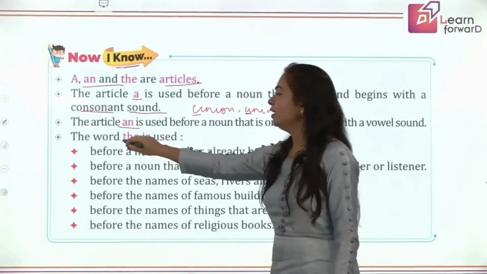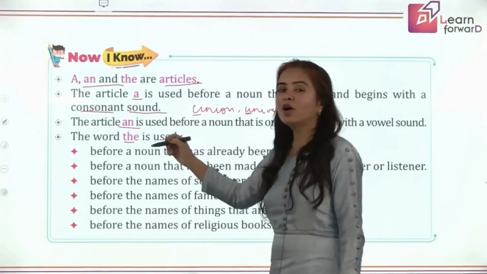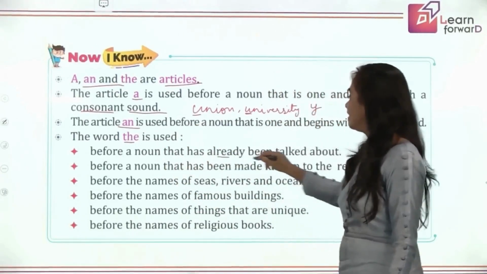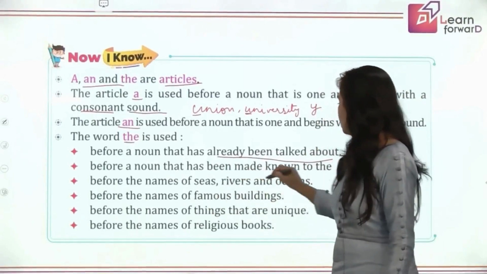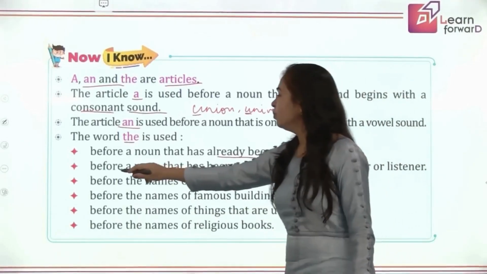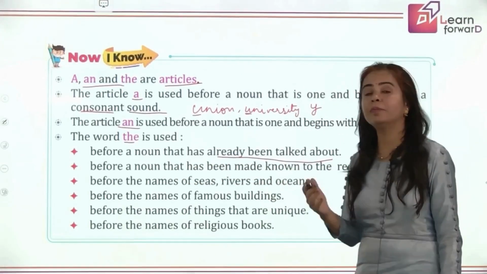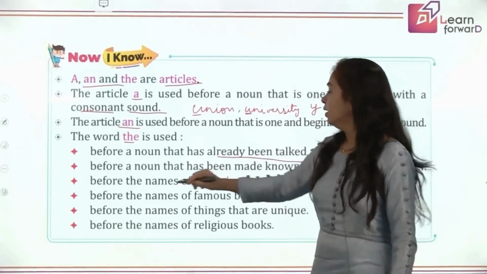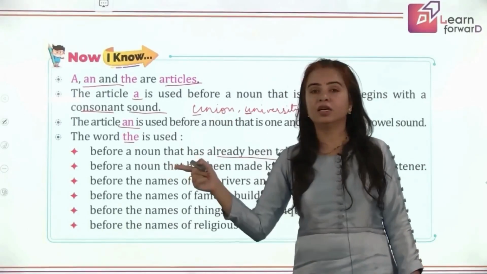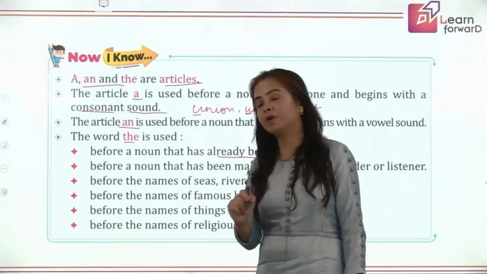And "the", we have a long list. Let's quickly recall. When we talk about something we have already referred to, then for something in particular also. Then before a noun that has been made known to the reader or listener, like we pointed out the book on the table. So the reader knows that I am talking about that particular noun.